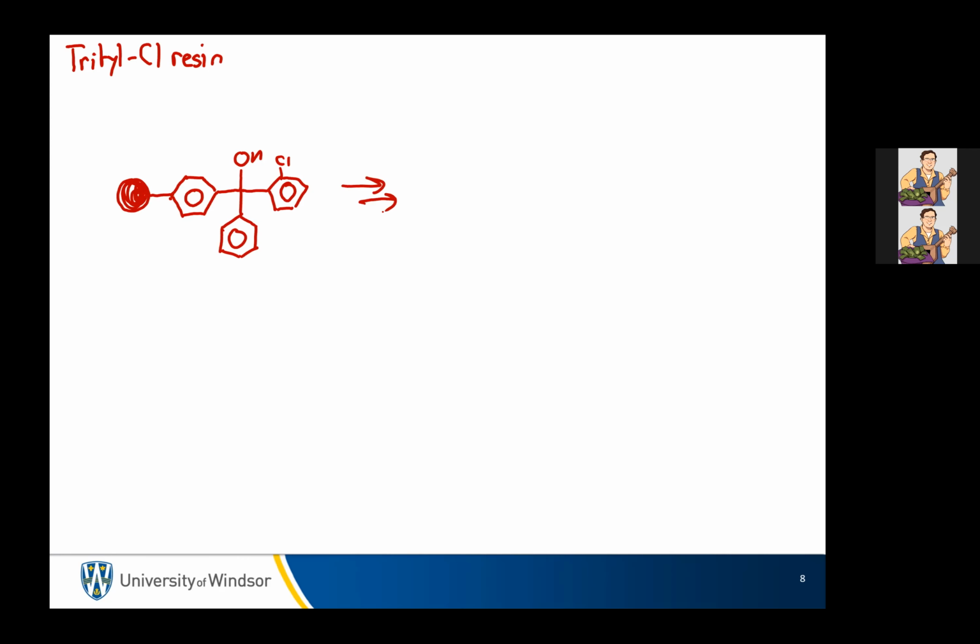So we can do the same thing, EDC couplings to attach the first amino acid, build your peptide using Fmoc solid phase synthesis. Note when you're doing the Fmoc synthesis, you're doing the deprotections using 20% piperidine and DMF. That's highly basic. And then you're doing a coupling with an excess of triethylamine. That's still basic. So you're always basic when you're making the peptide. The trityl resin is incredibly sensitive to acid.